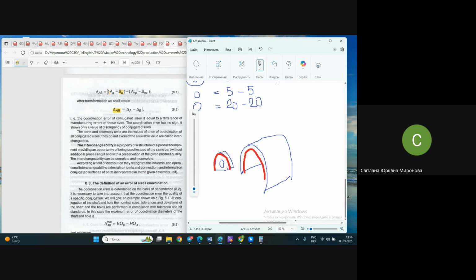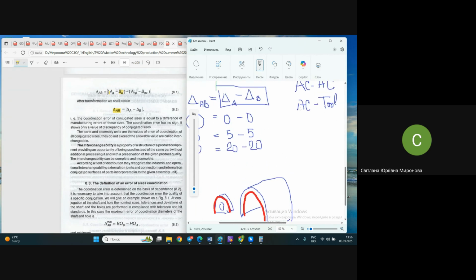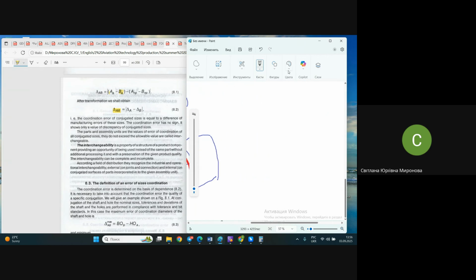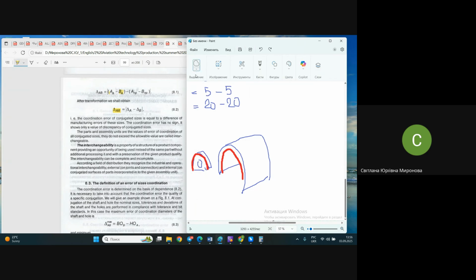One more problem: assembly component to tool. Next, we place the skin into an assembly jig. In the most general way, we will draw it. Assembly jig locator looks like this.